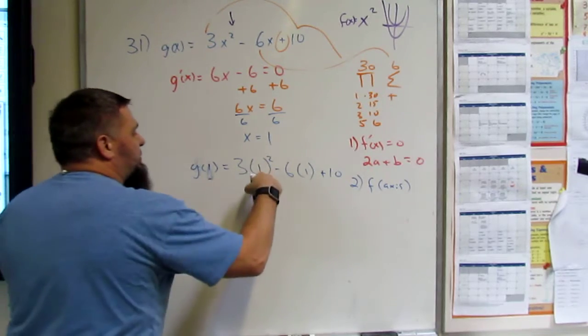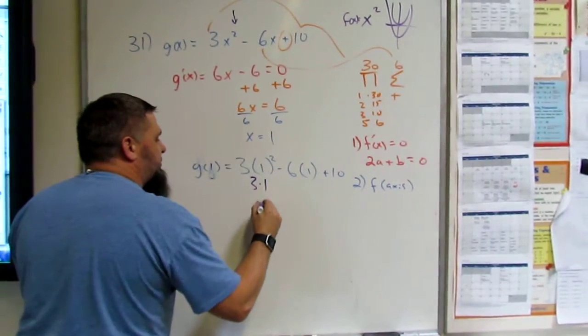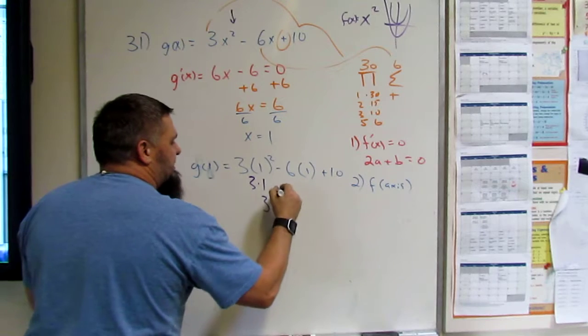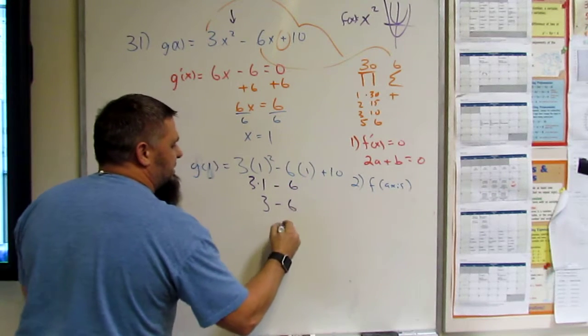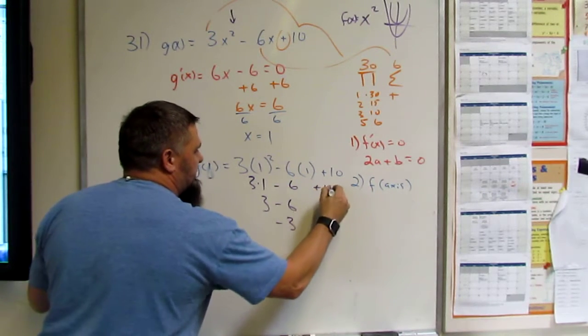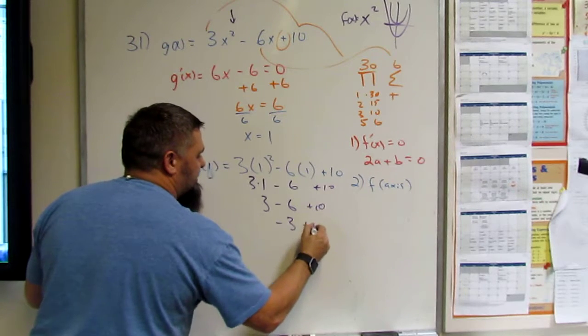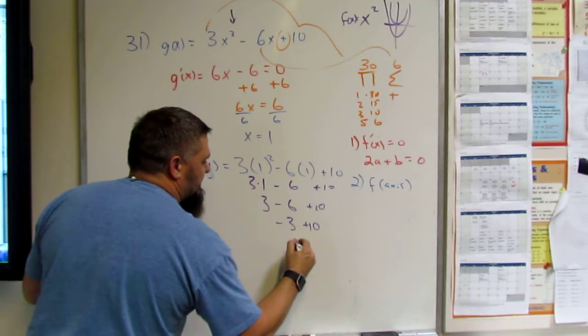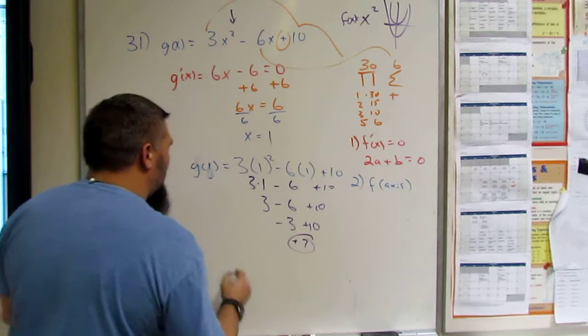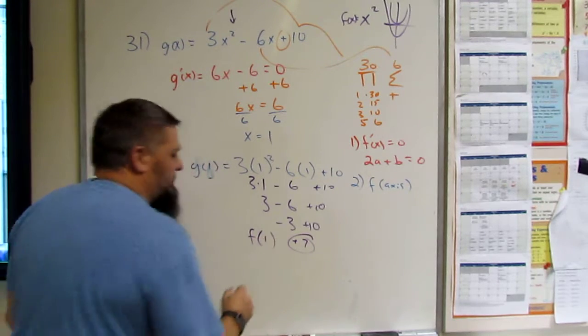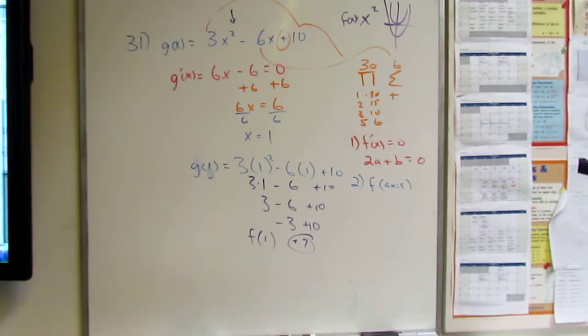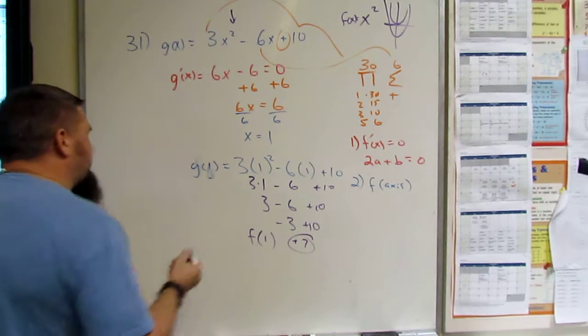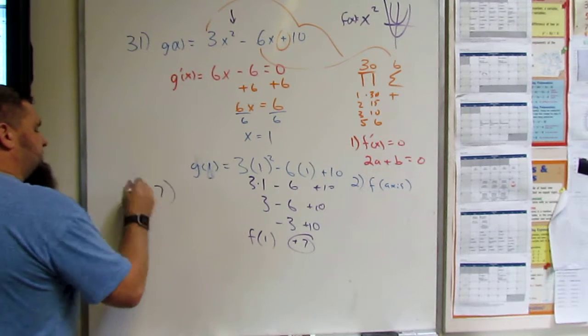Now, that's 1 squared, which is 1, times 3, which is 3. That's 6, so that's minus 6, so that's minus 3, so that's plus 10, which means 7. So now I've got the vertex, 1 and 7.